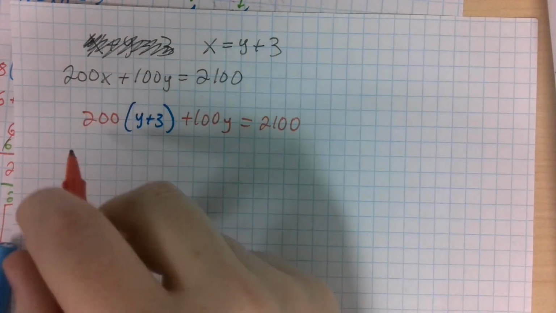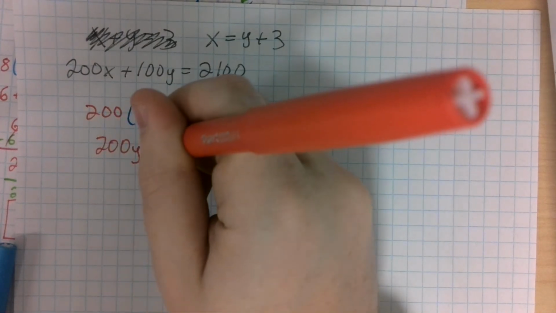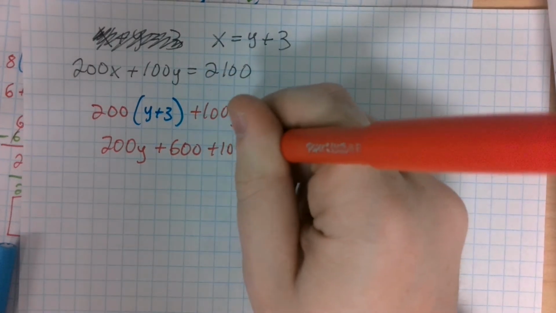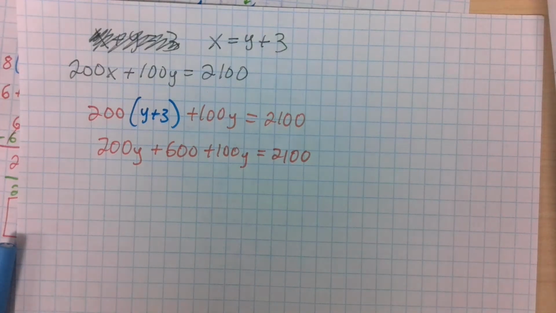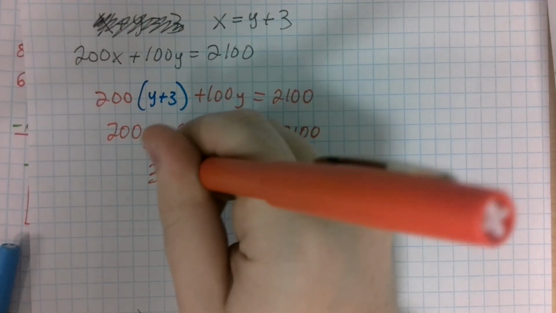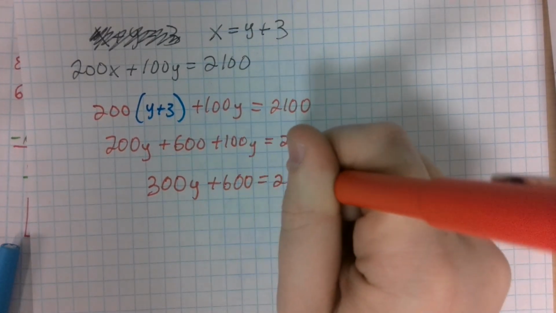We then distribute the 200 into the parentheses, giving us 200y plus 600 plus 100y equals 2100. We can combine these y terms to give us 300y plus 600 equals 2100.